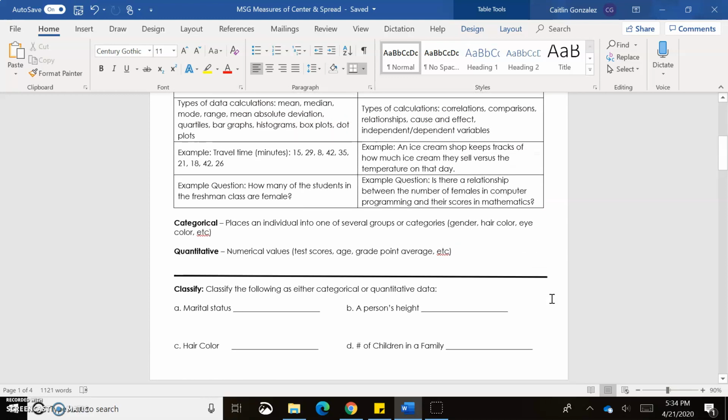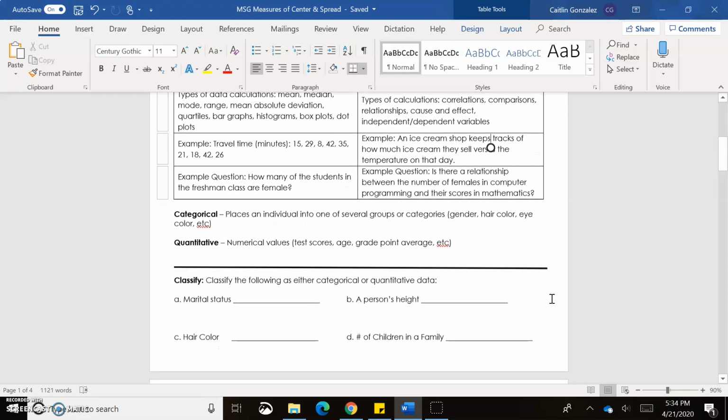Okay, so there's also another type of, or two other types of categorizations of data. One is categorical, which places an individual into one of several groups or categories, so things like gender, hair color, eye color. So it's something we could categorize.